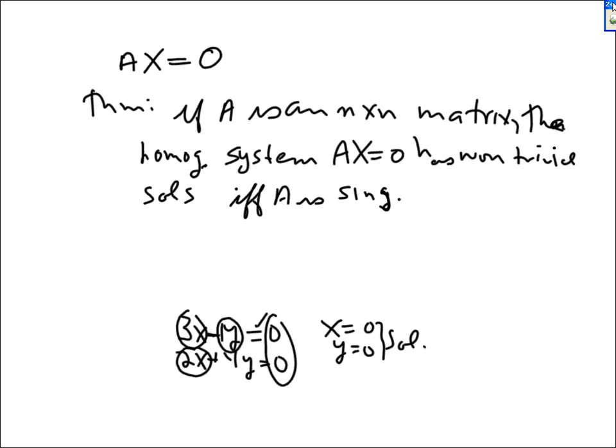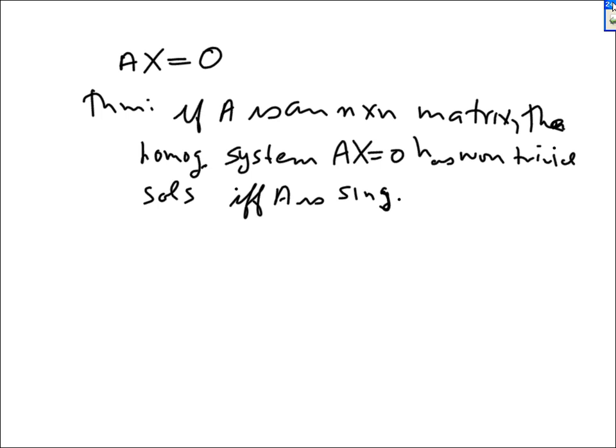Any number times 0, 2 times 0 is 0, plus 4 times 0 is 0. 0 plus 0, yes, it equals 0. If it had 4 equations and 4 unknowns, one solution is all 4 variables equal 0. That will always be a solution.